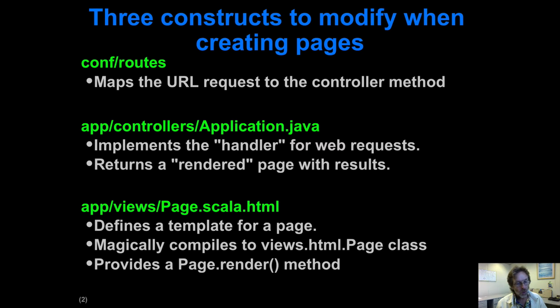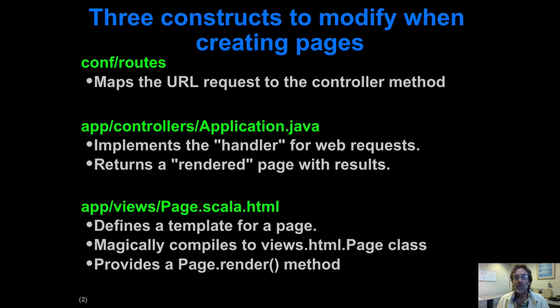Well, then the third part of it is in the app views package or directory. There are a set of files called Scala that end with .scala.html, and they'll have a name. They could be named index, or in this case, I have this example of being named page.